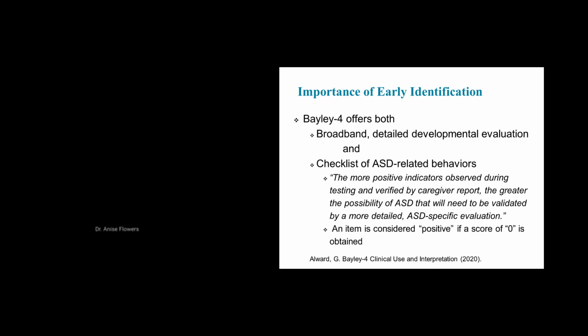But an item is considered positive if a score of 0 is obtained, meaning on these developmental indicators, if the child is not performing the skill yet, they get a score of 0, that is a positive on the checklist. And the more positive indicators, the greater suggestion that autism spectrum disorder would be a concern for further evaluation.